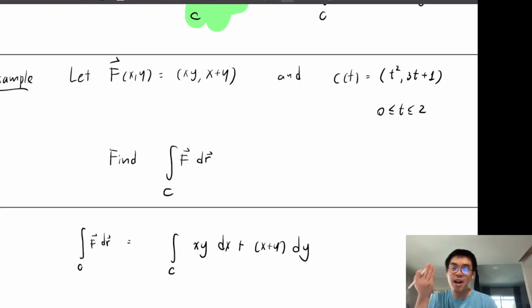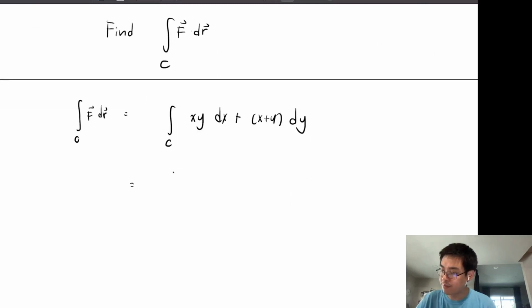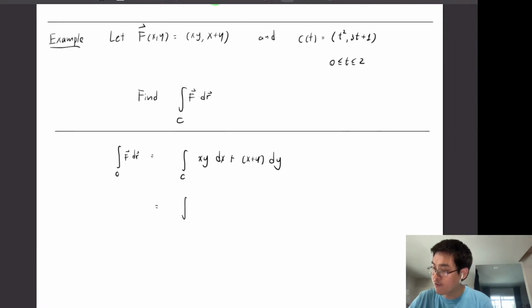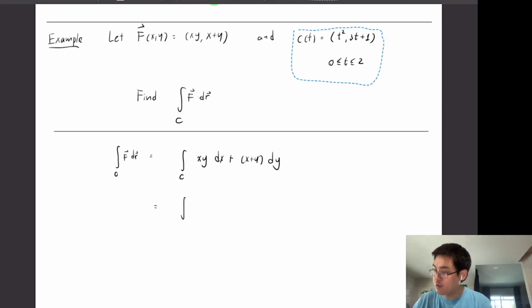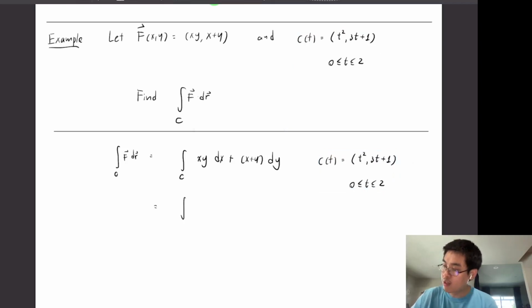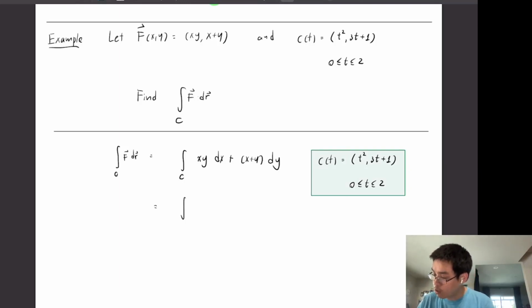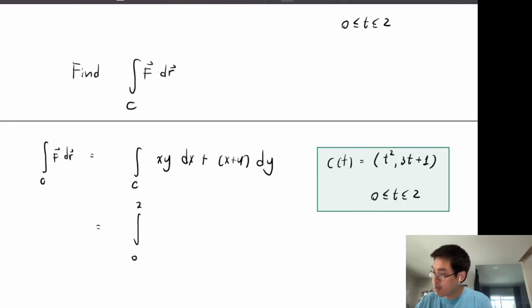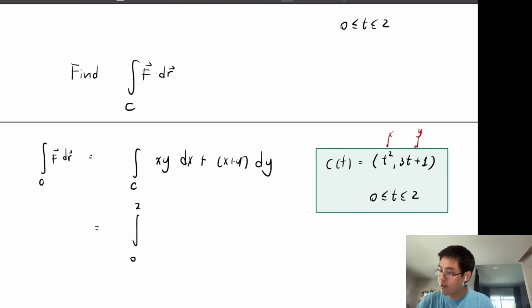Once you have this, you can translate it to t, just like before. So for t, you use this fact. Let me copy it down and box it in green. This is the integration from 0 to 2. X times y: x is t squared and y is 3t plus 1.